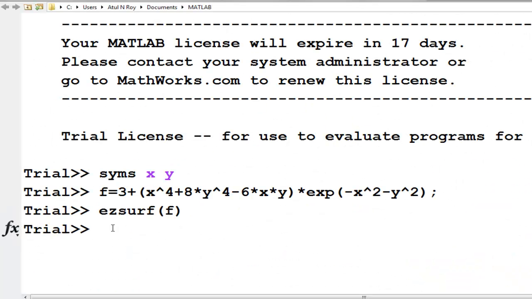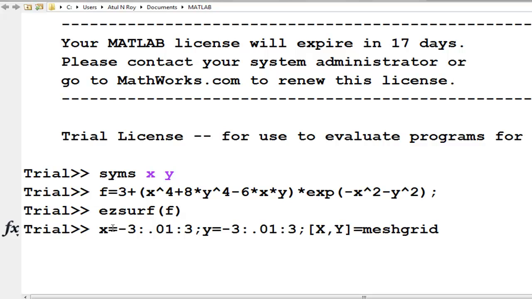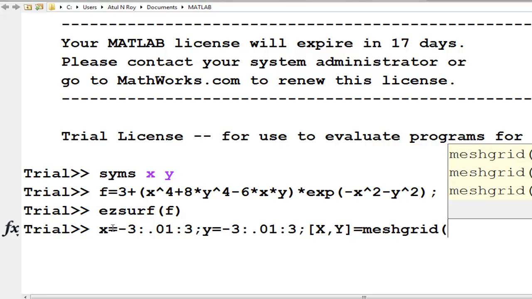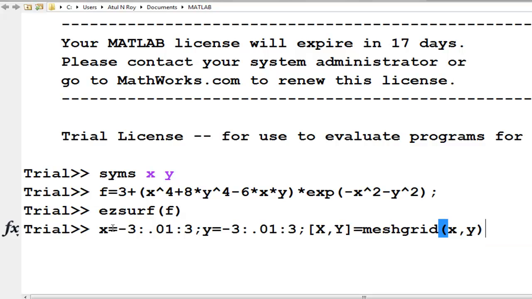So remember, we had the graphing window as a rectangle from negative 3.5 to 3.5, and we could see that even negative 3 to 3 is enough. So what we will do is create a mesh grid on that rectangle, so that we can make a contour plot. All right, so let's quickly do that.